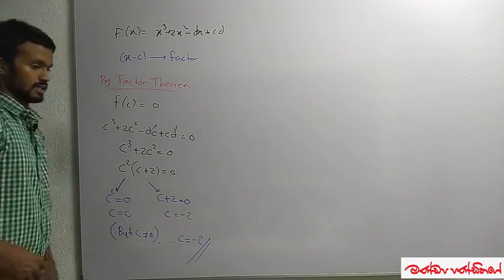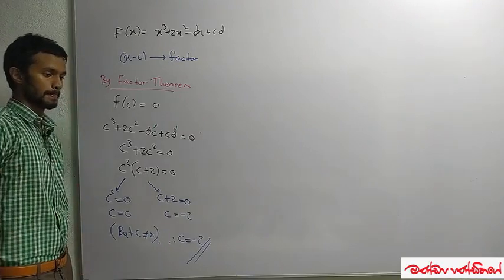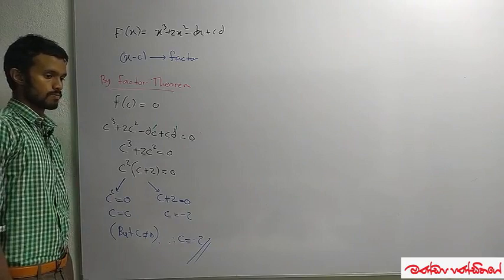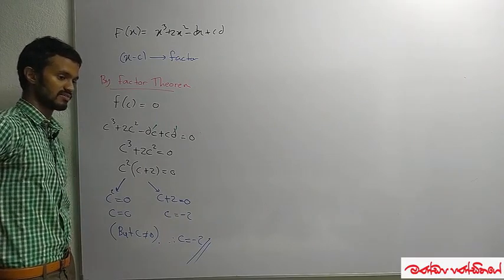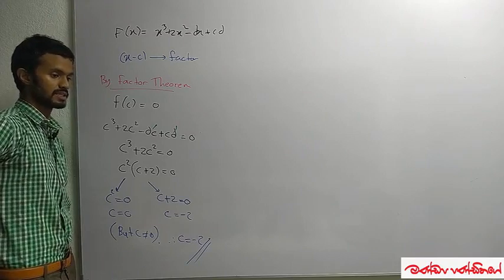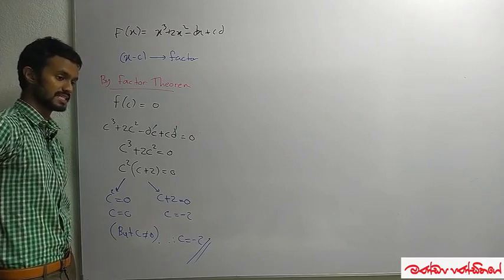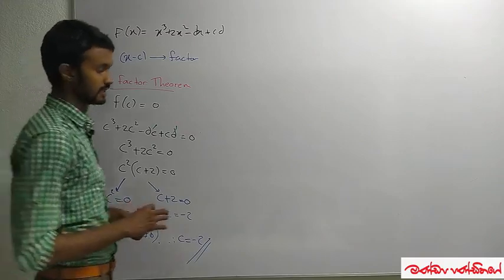And they have given us the remainder of f(x): when f(x) is divided by x − d, the remainder is cd.